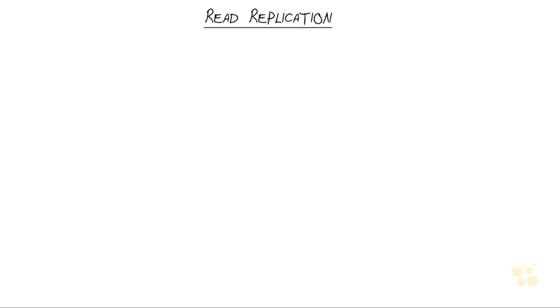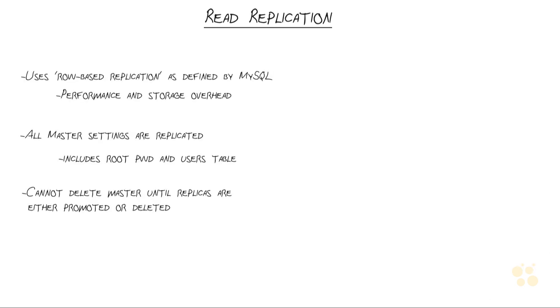Now, a couple of rules about read replication in Google Cloud SQL. For starters, it uses row-based replication as defined by MySQL. And row-based replication means that the entire row that gets changed is written out into your binary log. That means that there is a performance and storage overhead associated with using read replication.